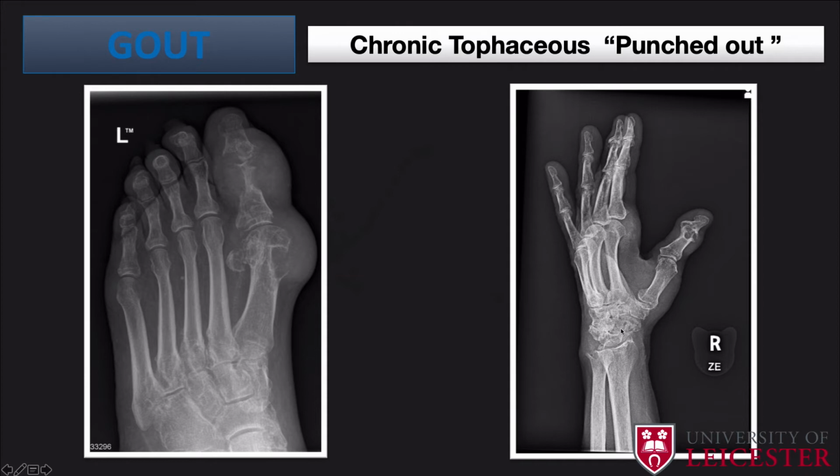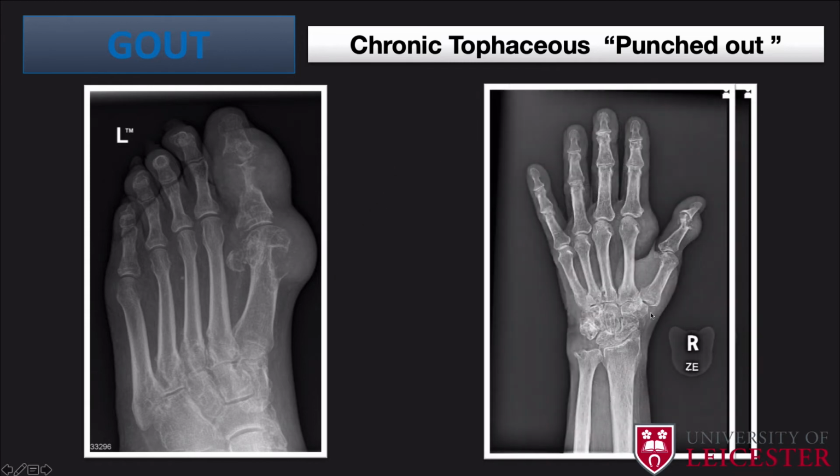In the hand, you typically get these sort of punched out erosions, and big tophi, and really the key tip is to look at the carpometacarpal joints, and in the feet the tarsometatarsal joints, but all these areas tend to get affected and confirm the radiological diagnosis of gout.